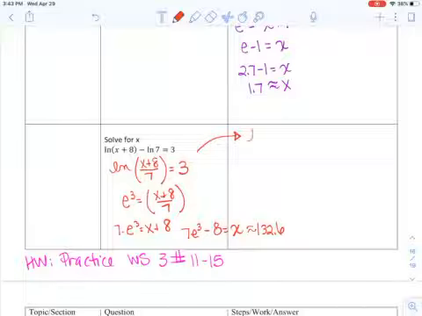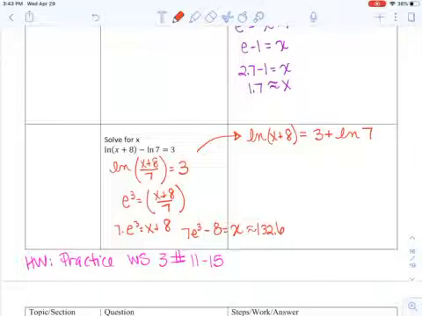Or you could say, well, there's my variable part, natural log of x plus 8 equals 3 plus the natural log of 7. Because at this point, the natural log of 7 is a number. I can plug that into my calculator. I can add 3 to it.